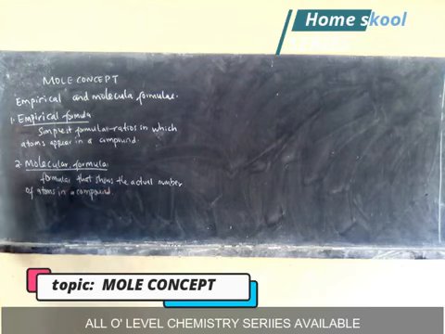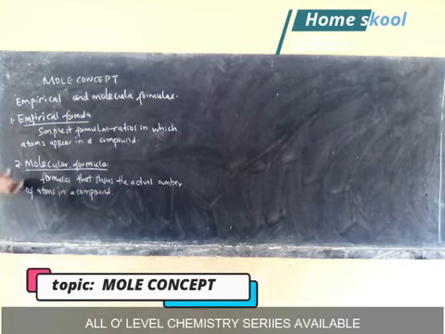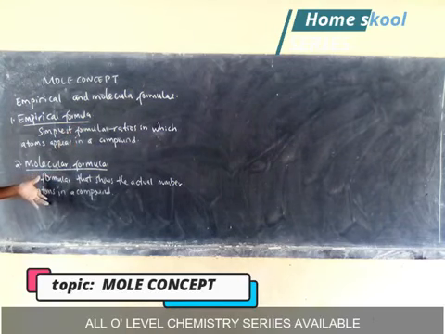So the difference between the empirical formula and the molecular formula is that this one shows the ratios, whereas this one shows the actual number of the atoms in the compound.